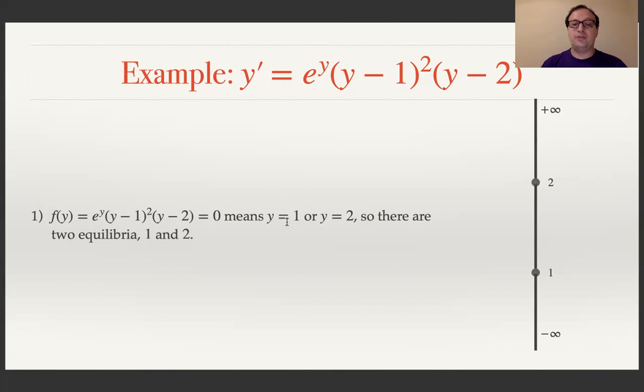So we compute the zeros of f, the right-hand side of the equation, which in this case are 1 and 2, and we plot these points on the vertical real axis that we just drew. And you have to be careful here so that you draw them in order. So if the zeros are 1, 3, and 2, you should still draw them in the order 1, 2, 3.